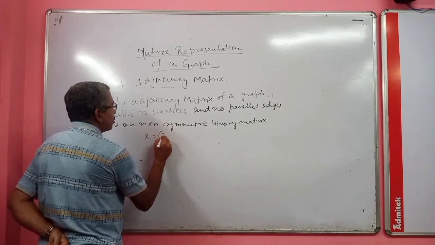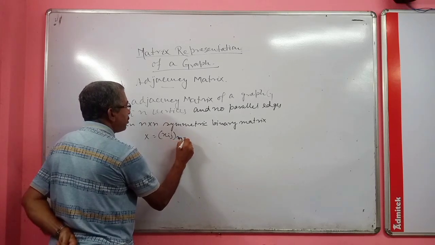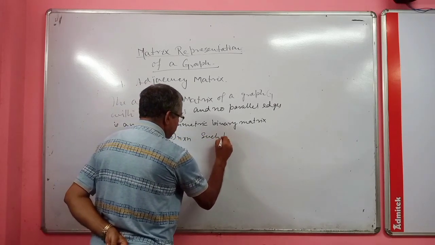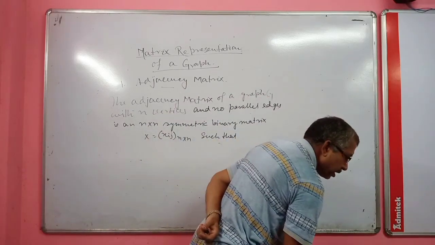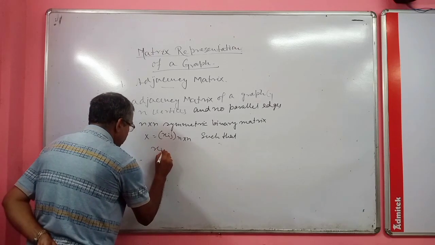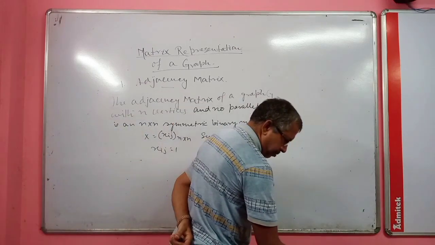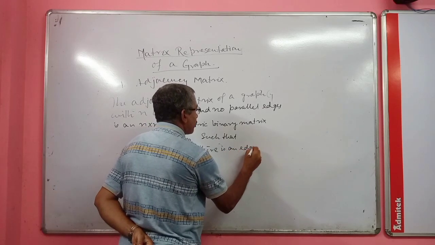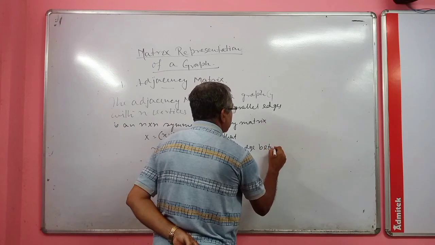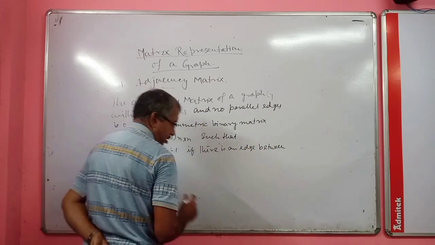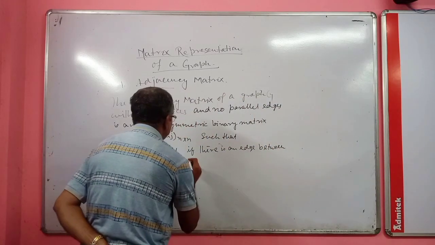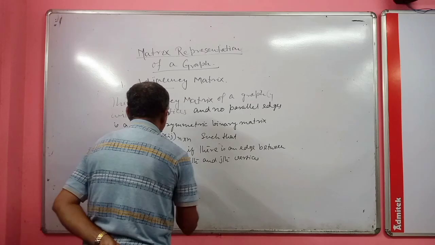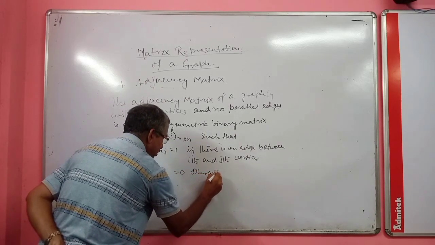X equal to Xij, n by n, such that Xij equal to 1 if there is an edge between the ith and jth vertices, equal to 0 otherwise, right?